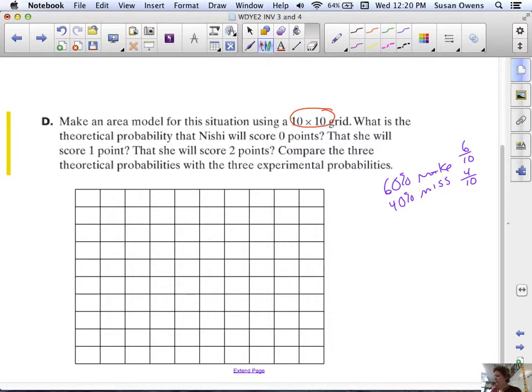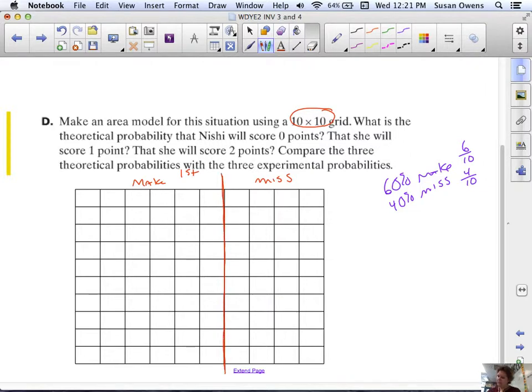I'm going to put her first free throw up here. She makes it 60% of the time, so I'm going to count out 6 of these: 1, 2, 3, 4, 5, 6. This side will represent that she makes it, and this side will represent that she misses it. If she misses it, she's done. She doesn't get another shot.